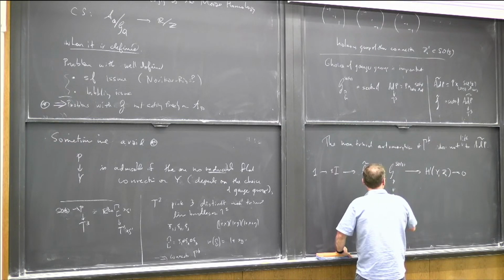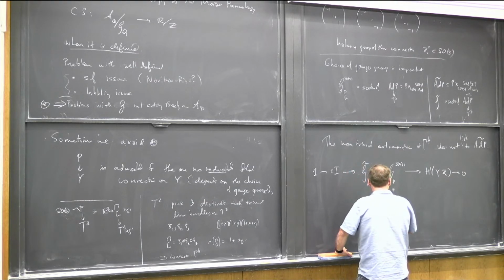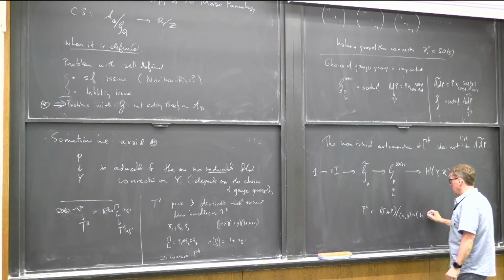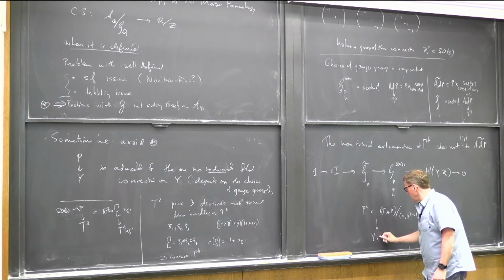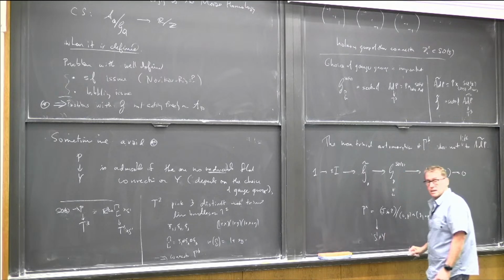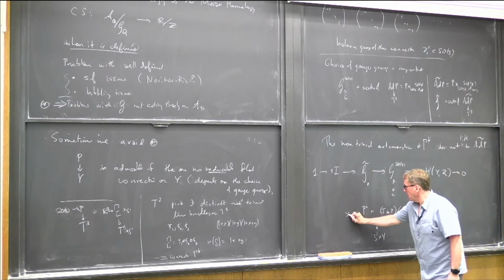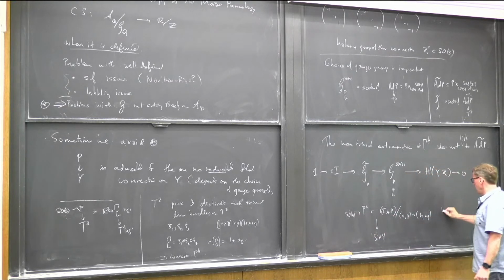If I have a U in here, then I can form the mapping torus bundle. Look at I times P, and I identify 0 P with 1 U of P. That's a bundle over S1 times Y, right? But this is an SO3 bundle over S1 times Y. It has a second Stiefel-Whitney class.